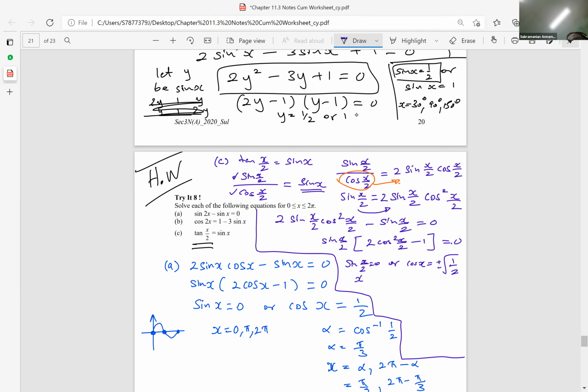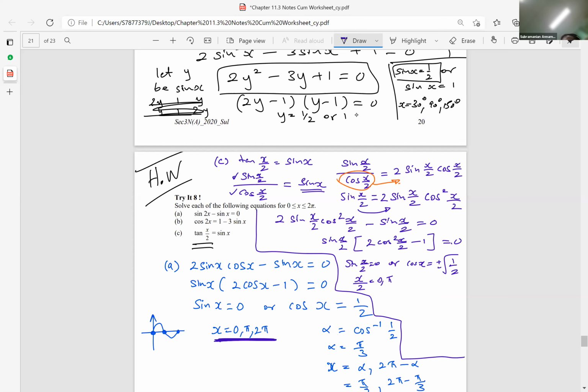So you can only write this. You cannot write 2 pi. Do you understand? Do you know why I didn't write 2 pi as well? If you notice over here, we take it as 0, pi and 2 pi for x.